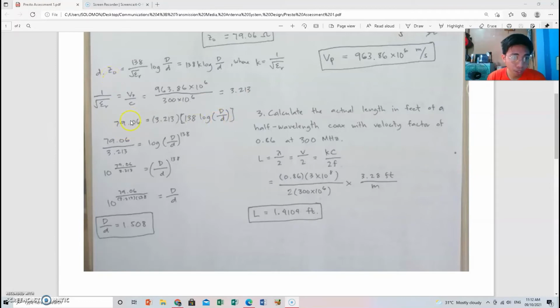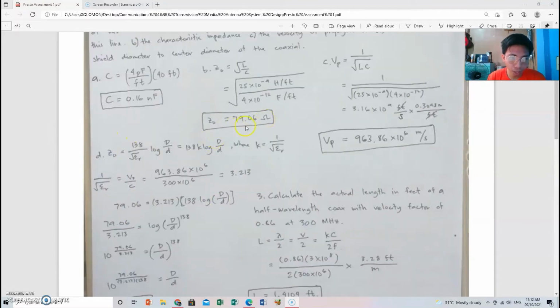And since we found the k, we are now complete in values so that we can find the ratio. So we have the characteristic impedance, that is 79.06 ohms. So simply input in here the formula: it is equal to k times 138 log d over d.